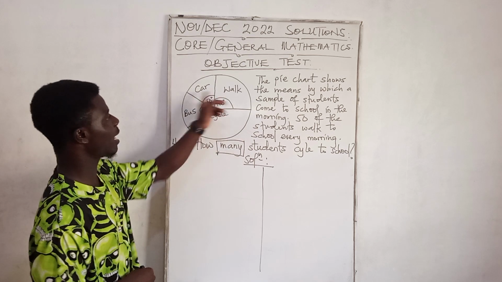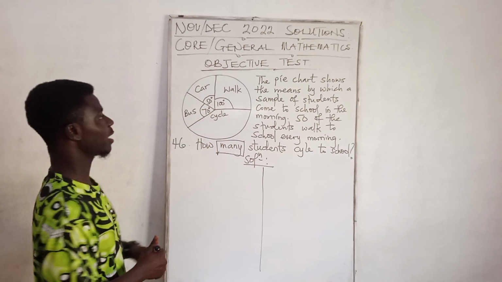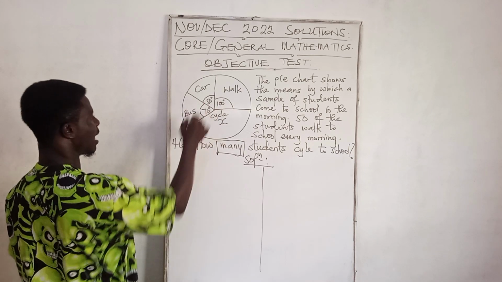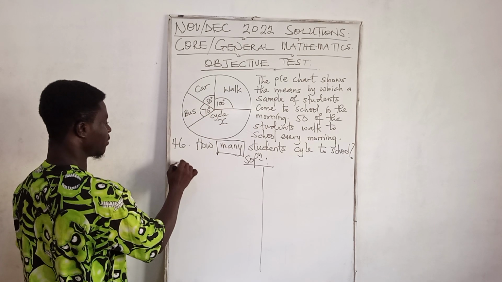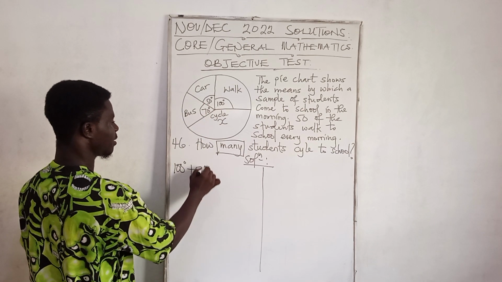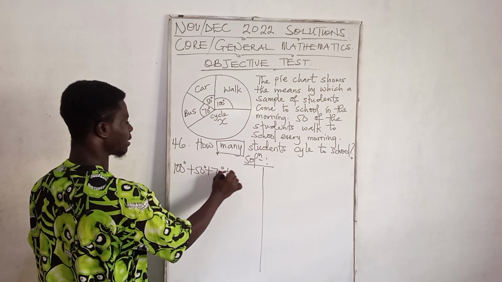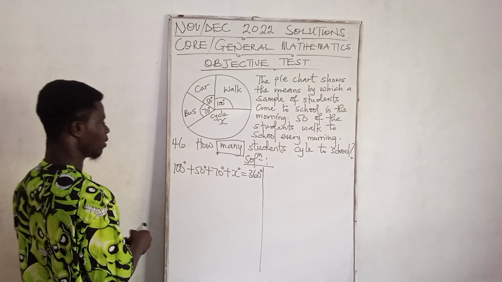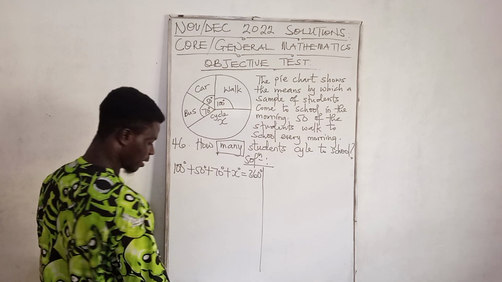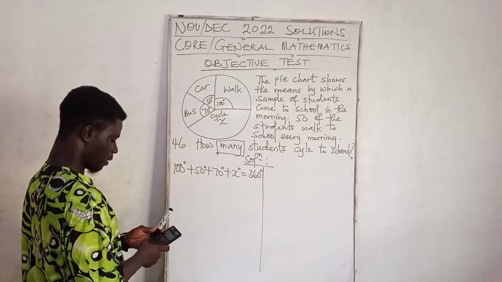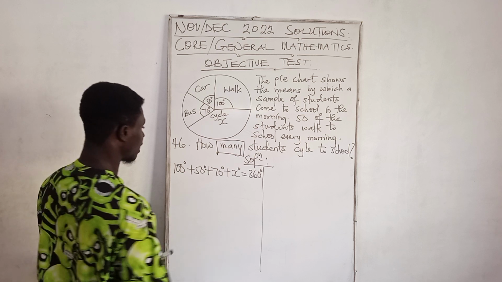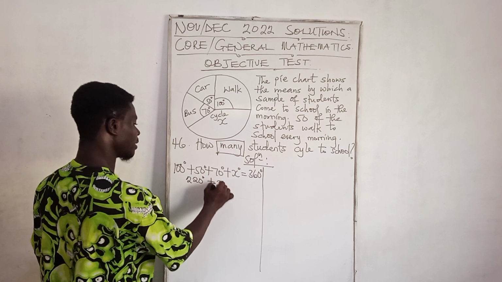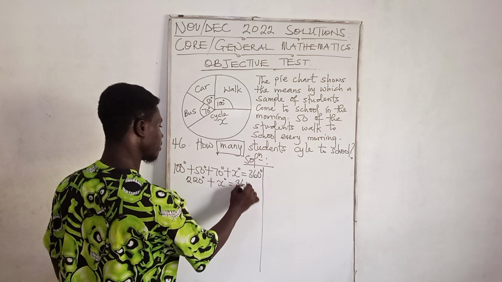The total angle in a circle is 360 degrees. So we can find x. I'll add all: 100 degrees plus 50 degrees plus 70 degrees plus x degrees must equal 360 degrees. 170 plus 50 gives us 220. So 220 degrees plus x degrees equals 360 degrees.